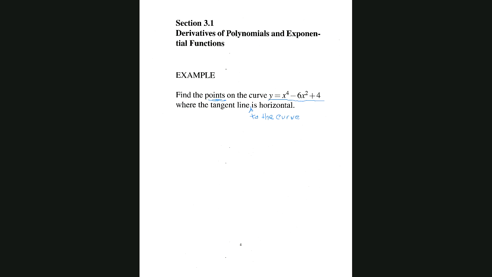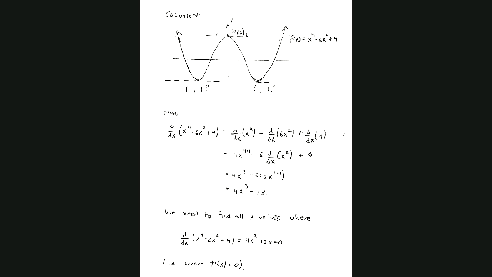So we'll go to the solution. First thing I do is draw the function x to the fourth minus 6x squared plus 4. This is an even function, by the way. Here is the origin.